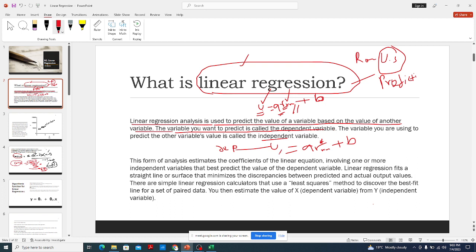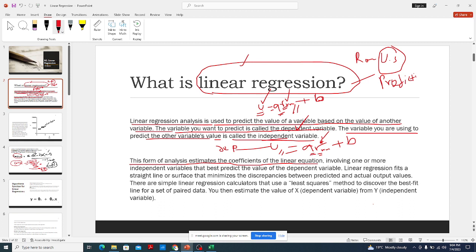So whatever we are predicting is the dependent variable, and whatever we are using to predict is the independent variable. So that's why we are saying that the variable you want to predict is called the dependent variable. The variable you are using to predict the other variable's value is called the independent variable.